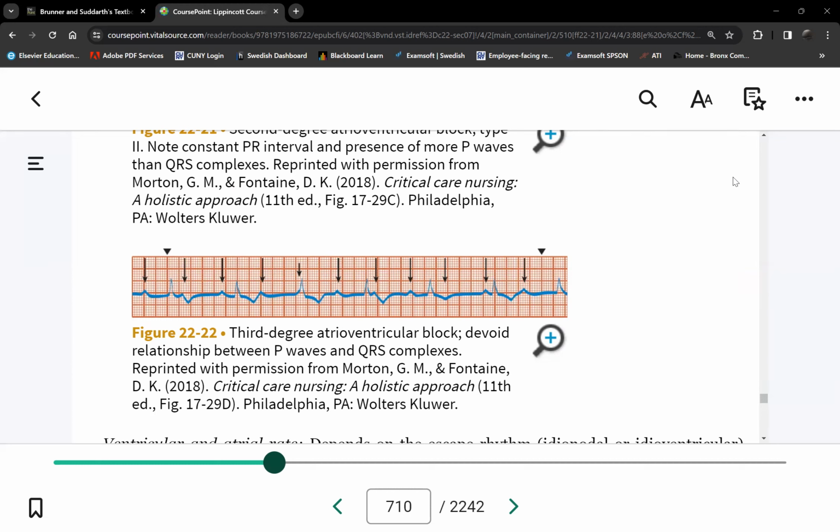This one is locked, but this one, look at that. P, P, P, P. It's regular. Let's look at the QRSs, the R waves. There's an R wave there, another here. Is it regular? Yeah. Actually, yes. Look at that. Okay. So we call it a complete heart block because is there a P wave for every QRS? No. And is there a QRS for every P wave? No.